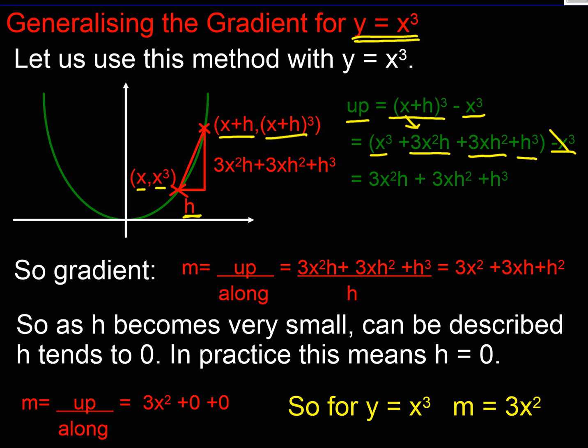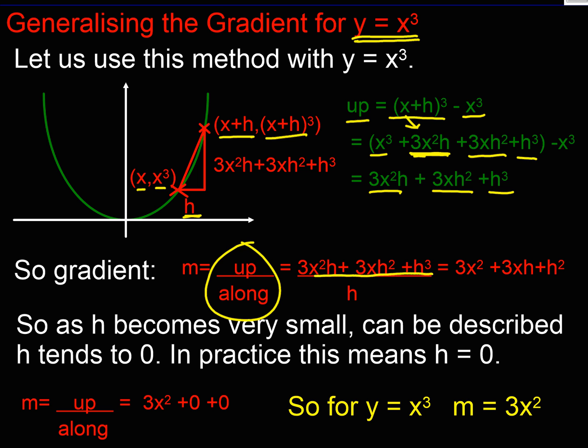So once again, these two terms have effectively cancelled out, yeah? The big numbers have cancelled out. So we get left with 3x squared h plus 3x h squared plus h cubed. You happy with that?